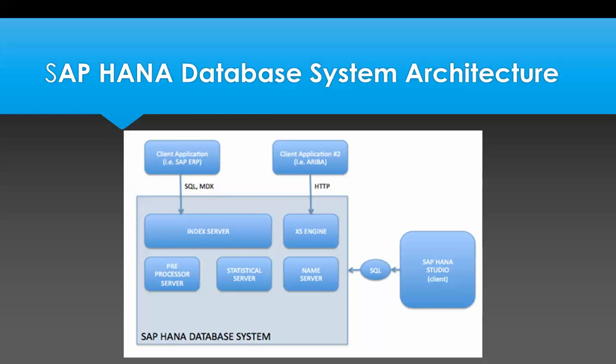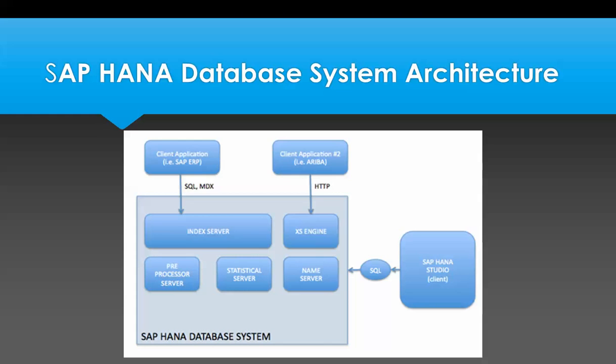It also coordinates and uses all the other servers. The index server is the place where most of the SAP HANA magic happens, and we'll be covering this in detail. I'll be showing you various components inside the index server.